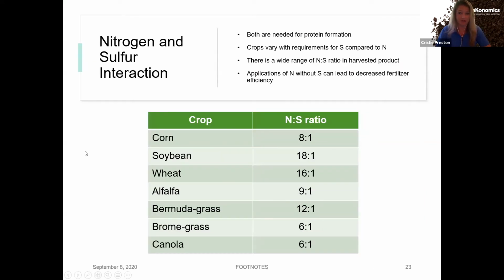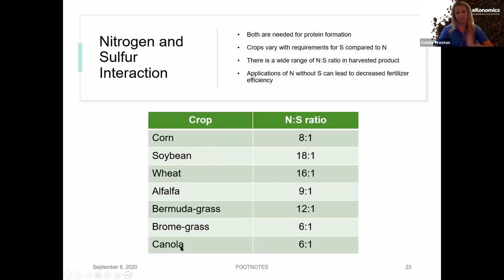Now, there is an interaction between nitrogen and sulfur within the plant because they're both needed for protein formation. So these ratios of nitrogen to sulfur can vary depending on the crop. But if it's a legume, more than likely you're going to need more sulfur per unit of nitrogen.